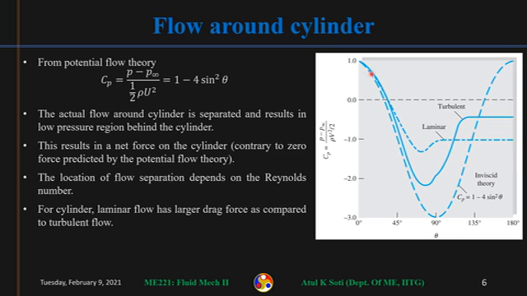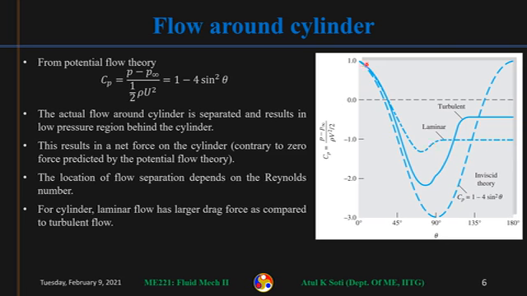Most of the flow is still potential flow around the cylinder, because you imagine that this cylinder is in a very big flow domain. So most of the flow domain is inviscid, and due to just the viscous region near the cylinder, these net forces are coming.